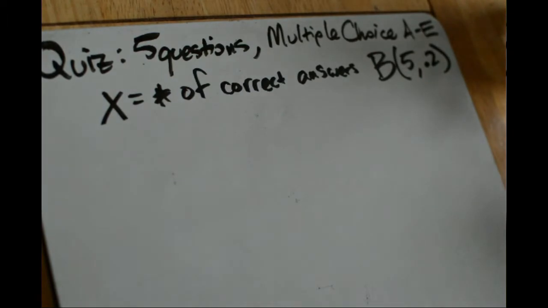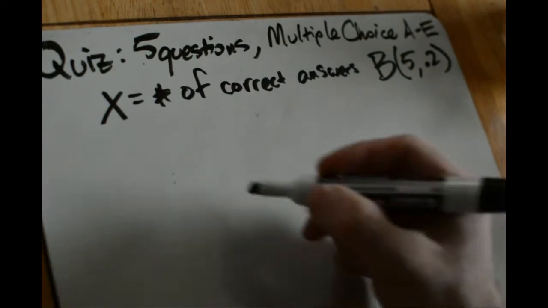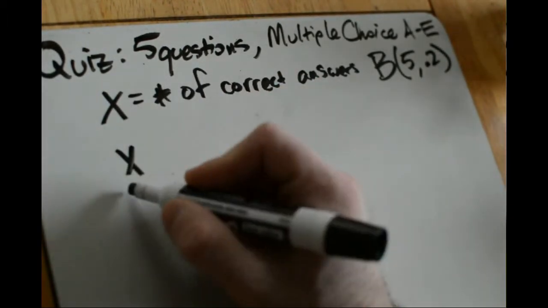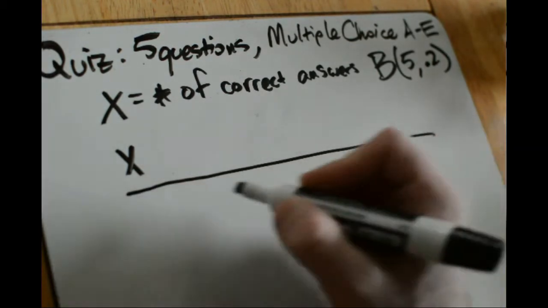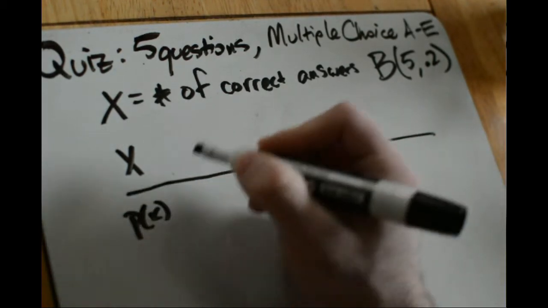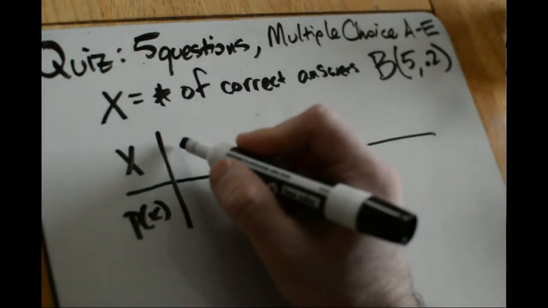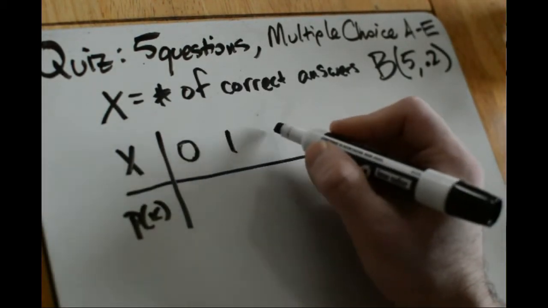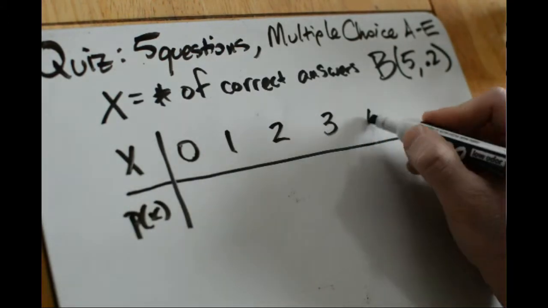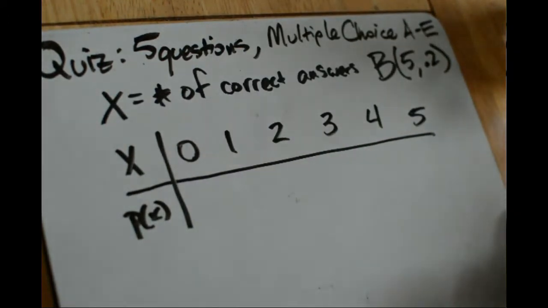So we have a binomial distribution with n is 5 and p is 0.2. Since this is a discrete random variable, we can express this in a table. And what are all the possibilities for x? Well, x could be 0, you don't get any right, 1, 2, 3, 4, or 5.